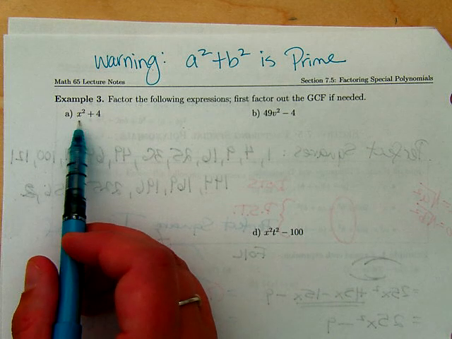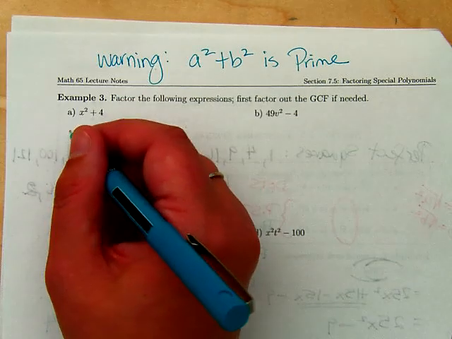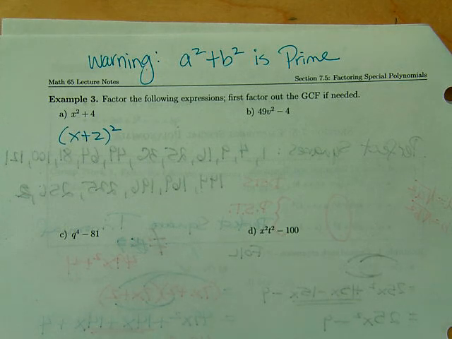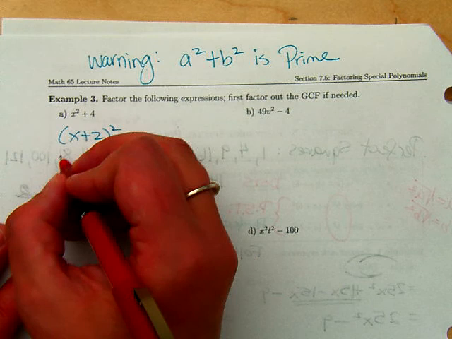A lot of people think that this factors into x plus 2 squared. Do you see that? A lot of people will try to factor it like that. But let's prove that that doesn't work by FOIL.